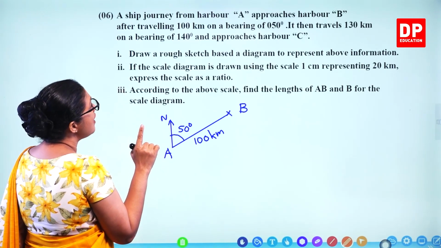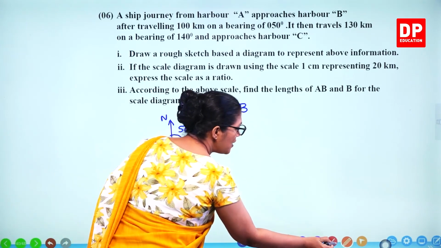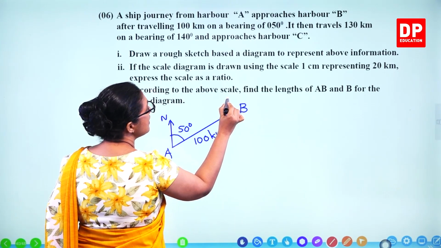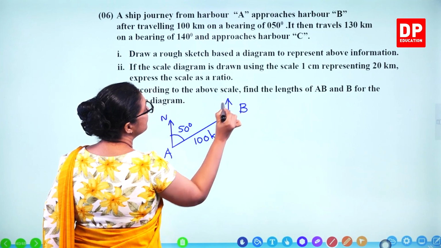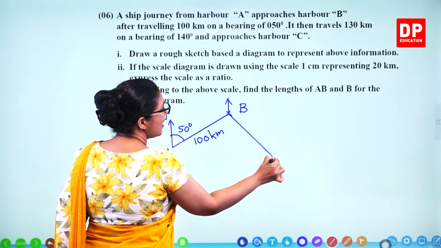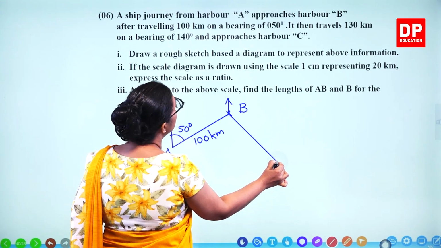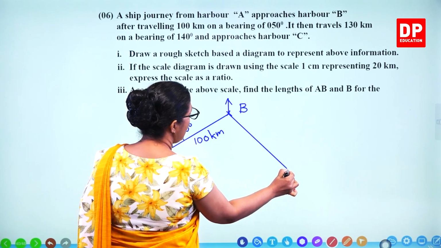Then travels 130 kilometers on a bearing of 140. So that means we have to draw the north line here. And 140 means an obtuse angle. How many kilometers? 130, more than this.